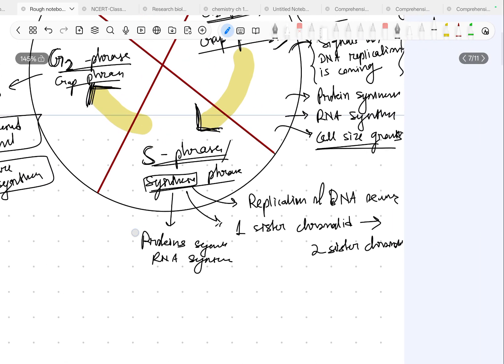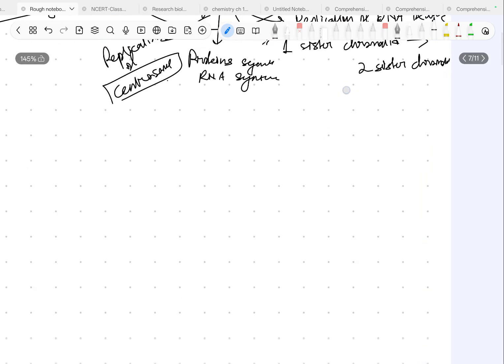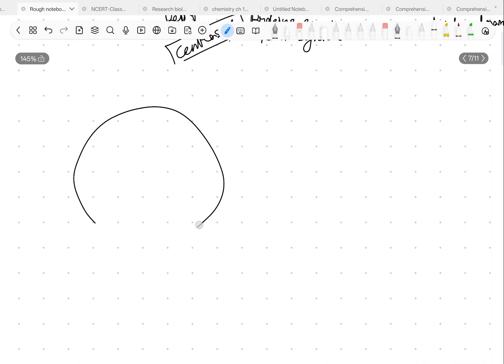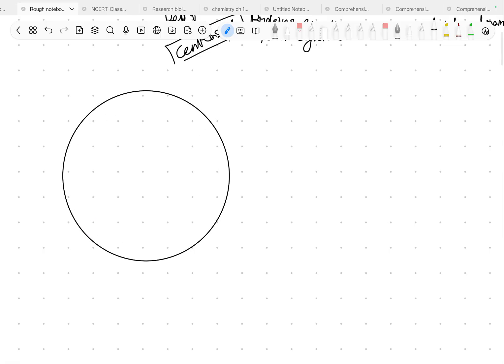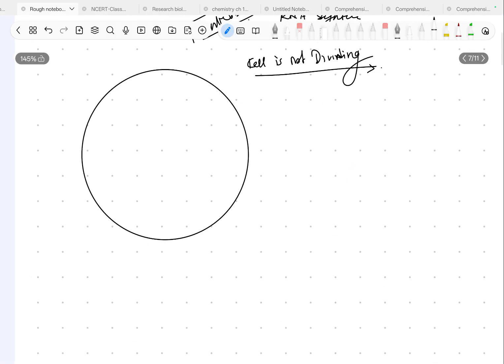And one thing I left out in the S phase, besides the replication of DNA, is the replication of what? Tell me. Of the centrosome. If you see the cell like this, and the cell is not dividing, then what is it containing?